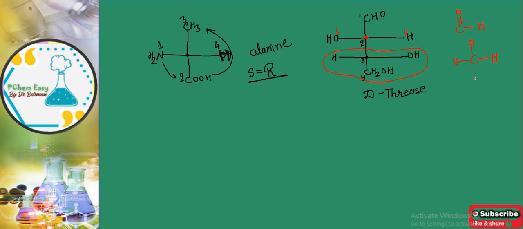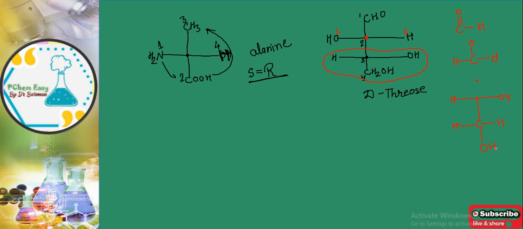What about here? This is center 2. Now this whole group I will draw here as carbon number 3, with OH and H. Carbon number 4 has H, H, OH.